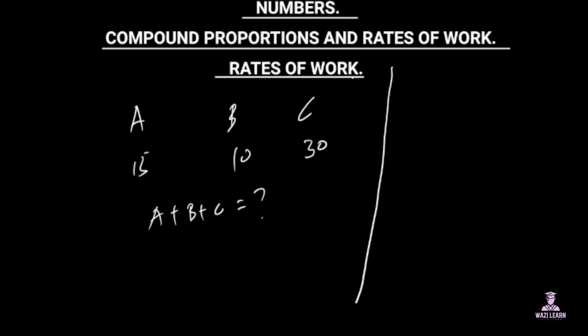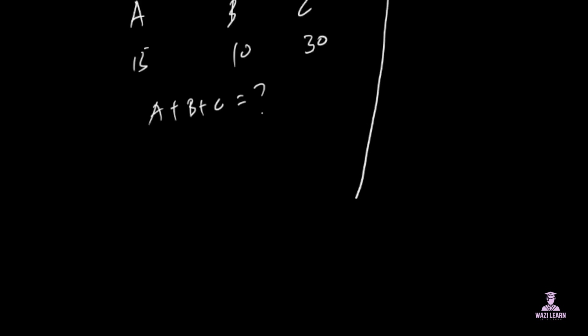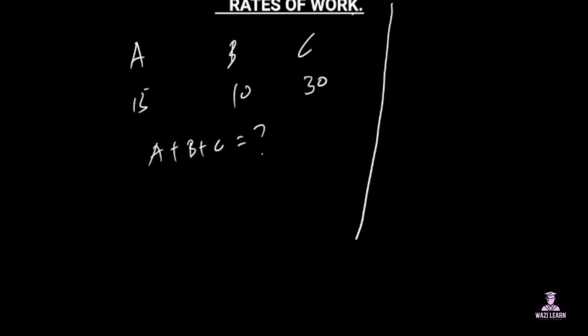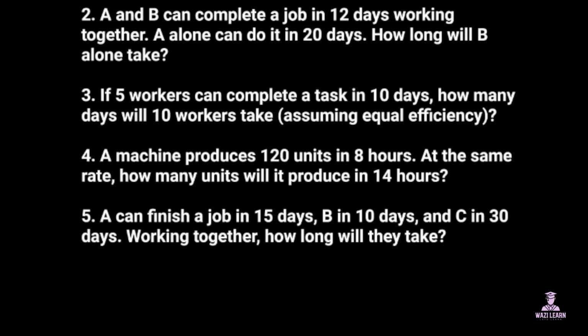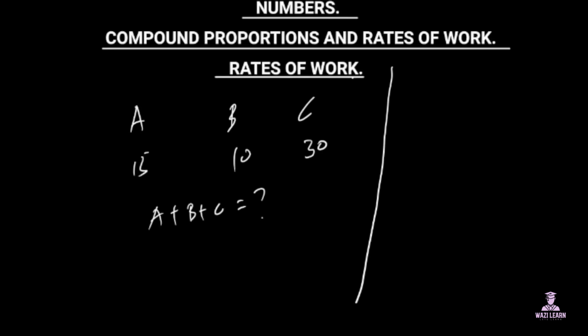So you first of all find the work done in 1 day. What part of the work will A finish in 1 day? In 1 day it will be 1 over 15 of the work.